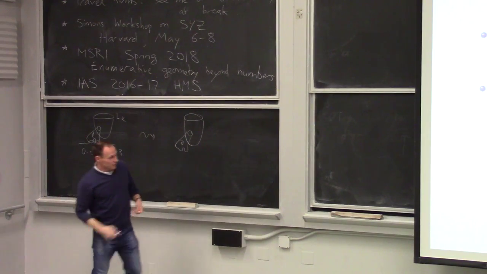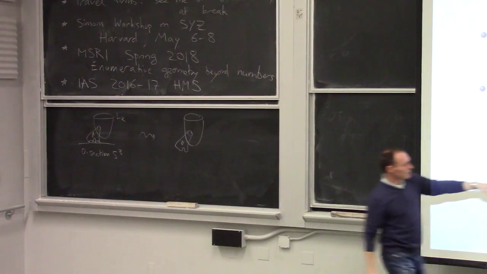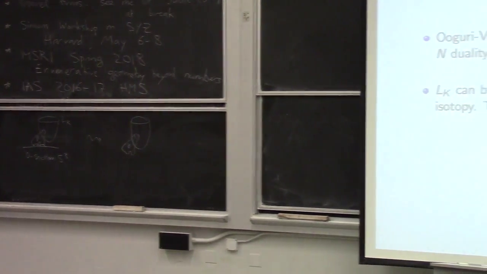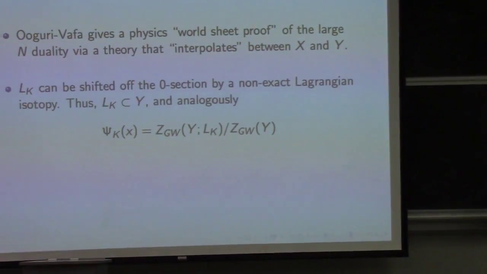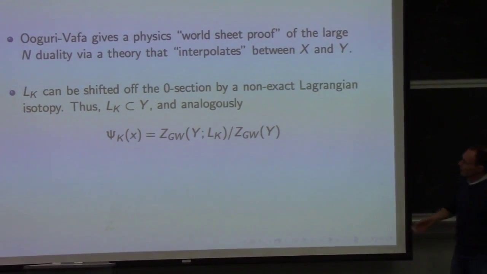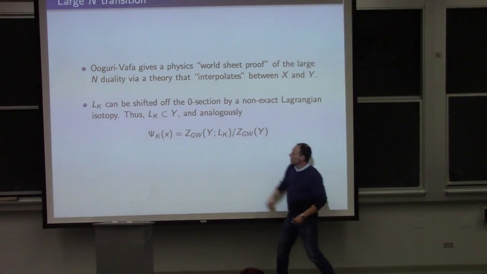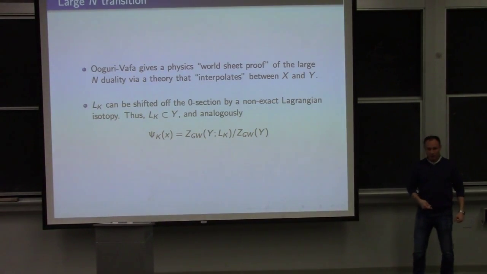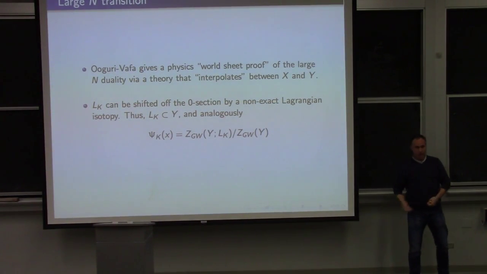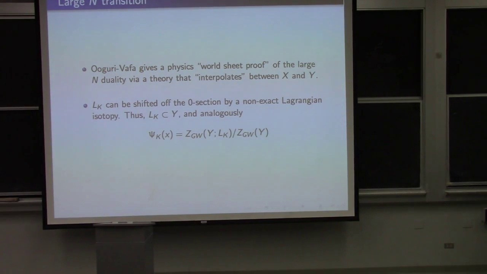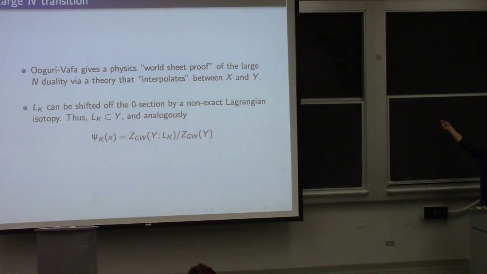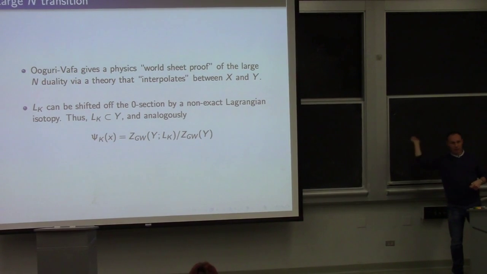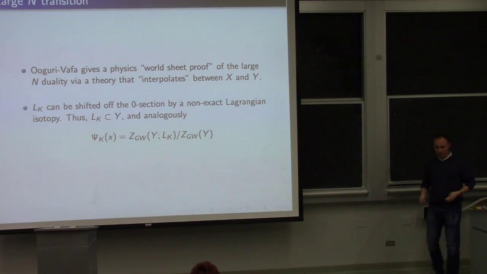That means that this was the same as the partition function of counting all the curves in S3. So we have that, and this is the same thing as that. So we're recovering the colored HOMFLY through such a curve count, basically counting all the holomorphic curves with boundary on LK in the conifold and dividing out by those with no boundary. So that's the statement I would like to make.